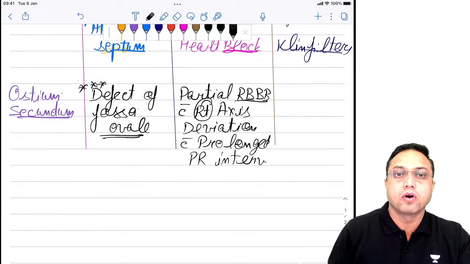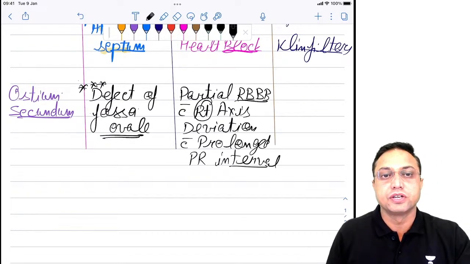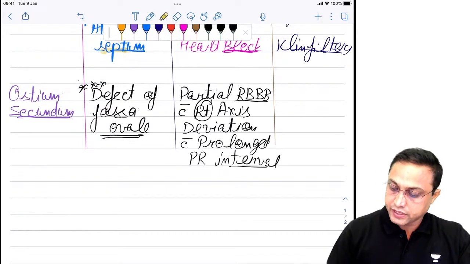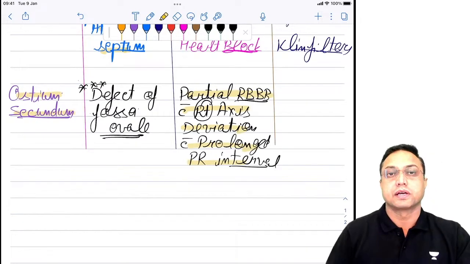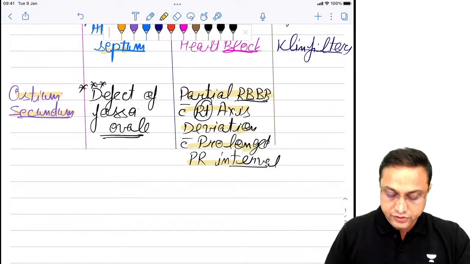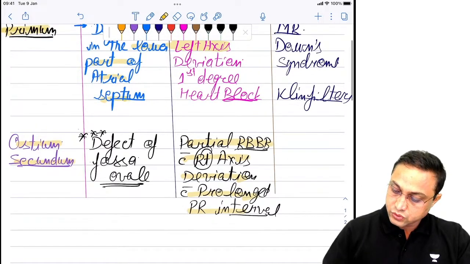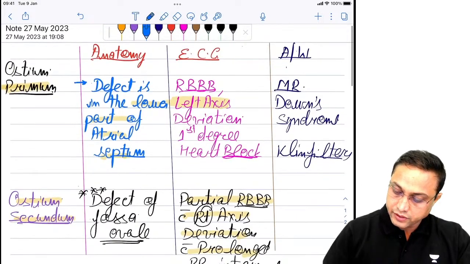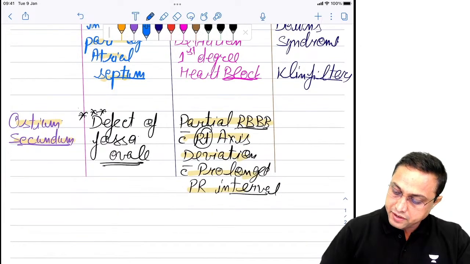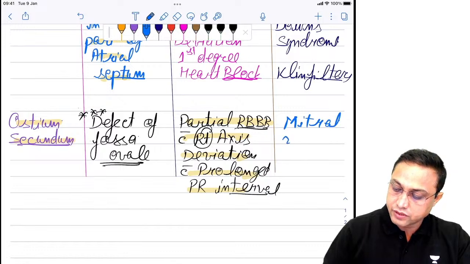All these are characteristic features of ostium secundum. It is generally seen in association with mitral valve prolapse.